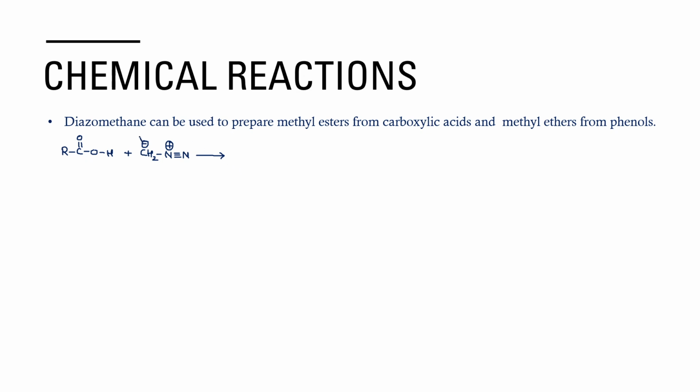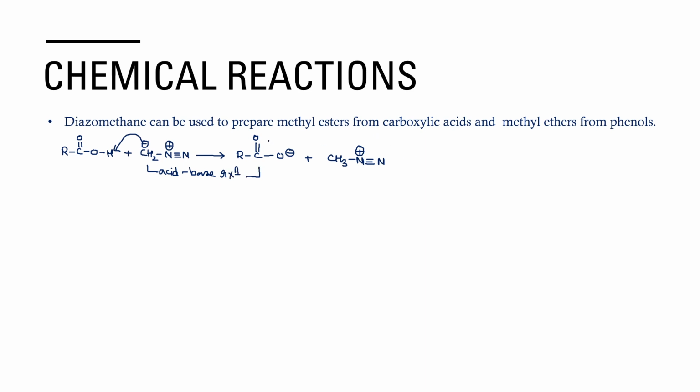So CH2 minus takes this proton and आपके पास एक carboxylate unit generate होता है, and you get CH3 N triple bond N plus. So the first reaction is an acid base reaction.